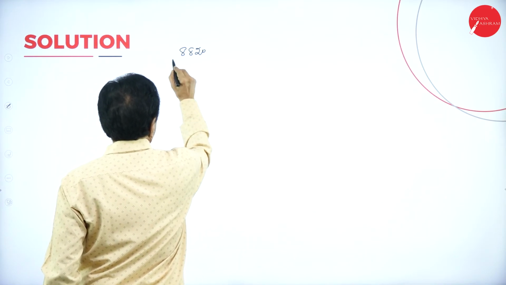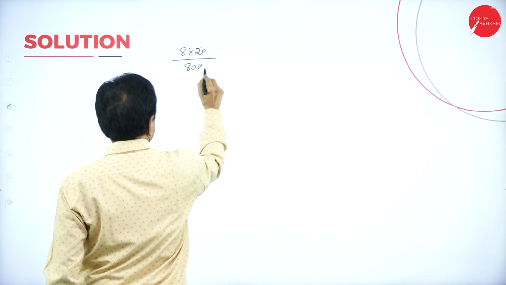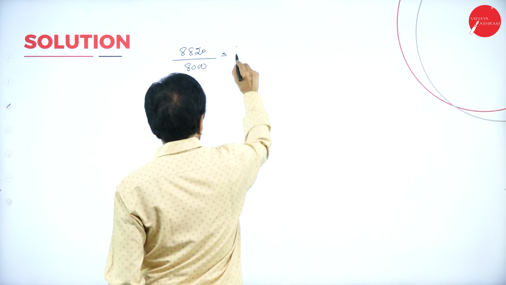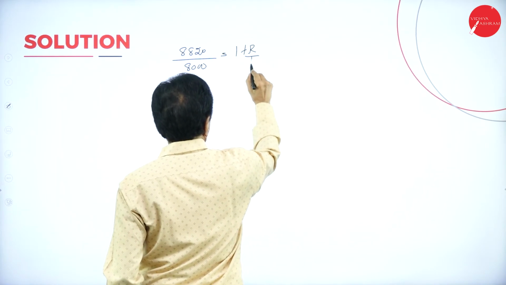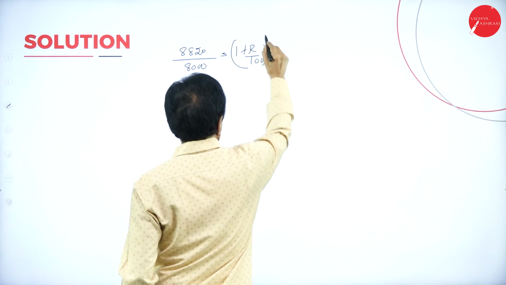8,820 divided by 8,000 is equal to 1 plus r over 100 to the power of 2.